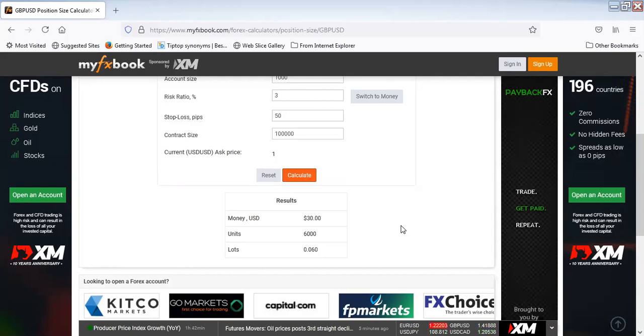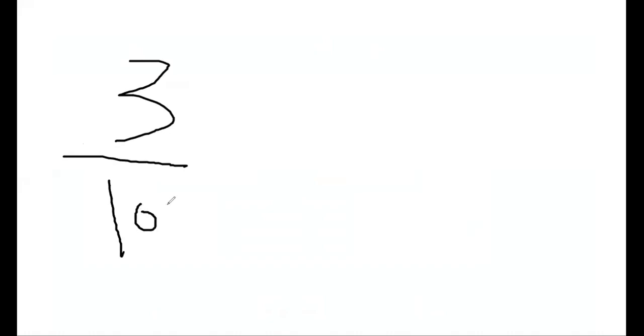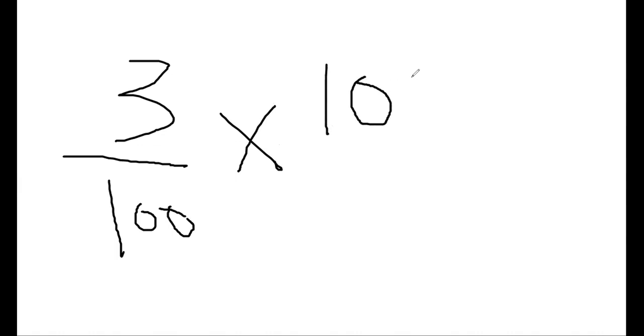Let me go to my screen and explain some things to you. This is 3%. Of course, in mathematics, 3% is 3 over 100. When you put it in fraction form, it is 3 over 100 times $1,000. Zeros cancel zeros.